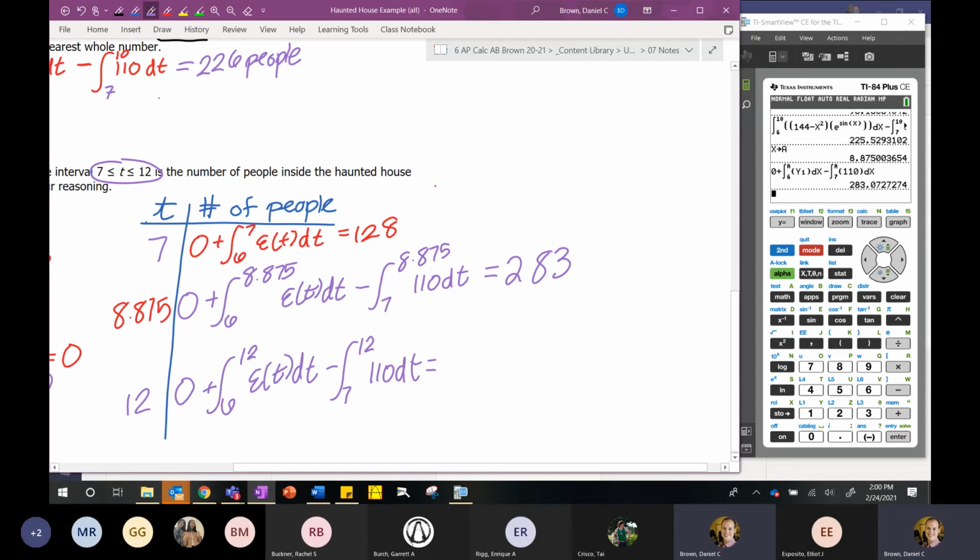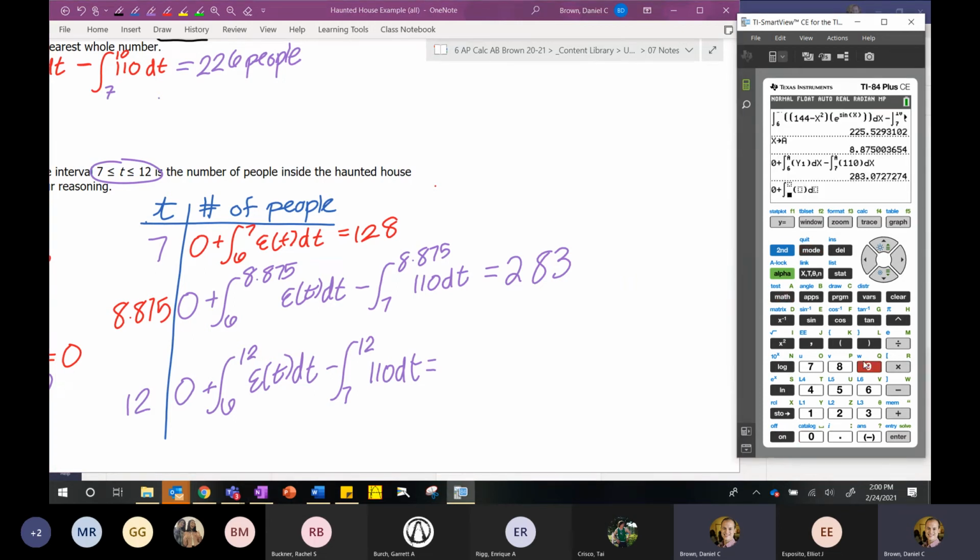Sarah. I'm sorry, how did you get your Y1 back into the integral? I'll do it again. For that third row, I could just arrow up and select it. Actually, I'll type it in again. This one's going from 6 to 12.